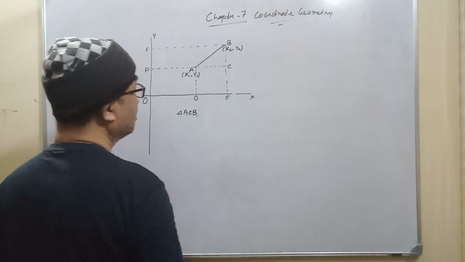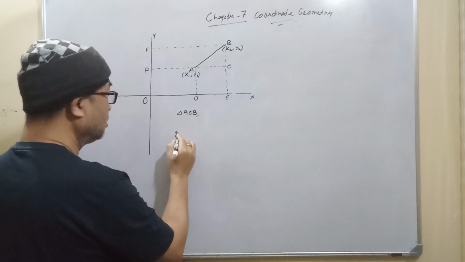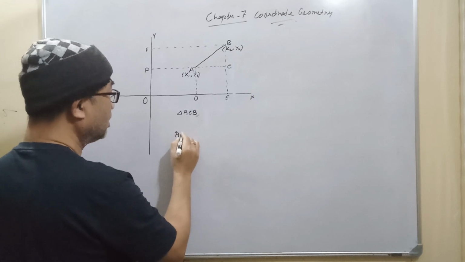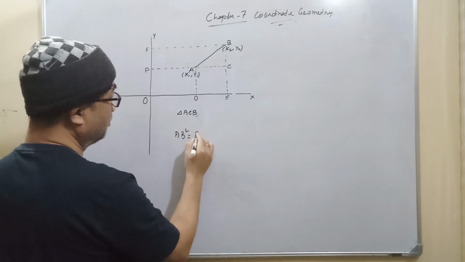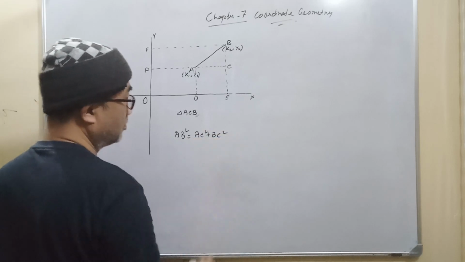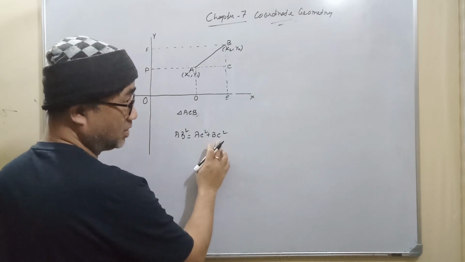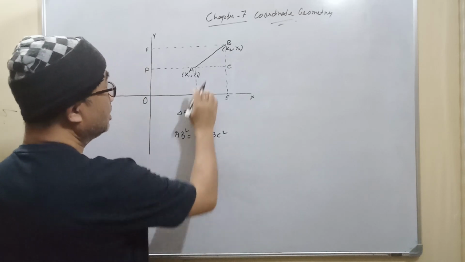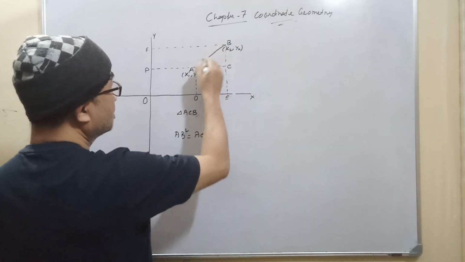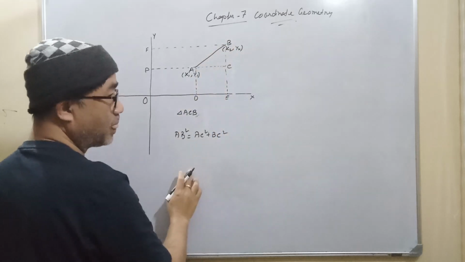Now, on a right angle triangle, we apply the Pythagoras theorem. AB square is AC square plus BC square. What is AB? It is the hypotenuse of this right angle triangle.